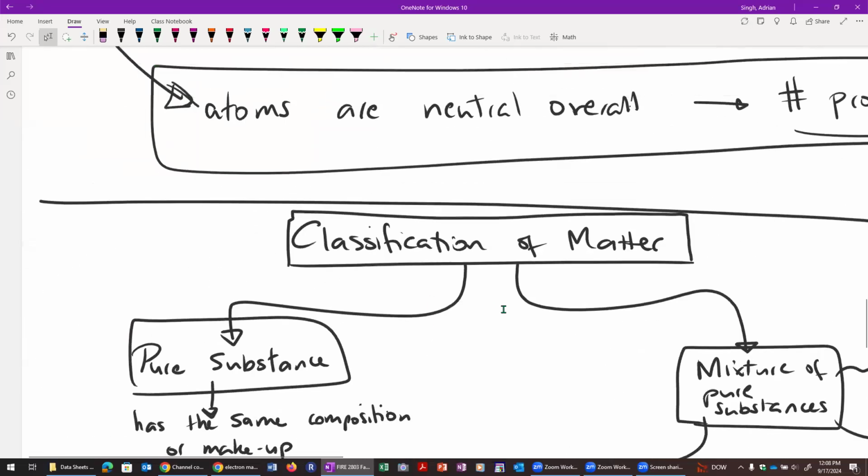So that's one way to classify matter based on the composition of the sample. Another way that we'll look at to classify matter is based on the particles themselves, and specifically how those particles are arranged.